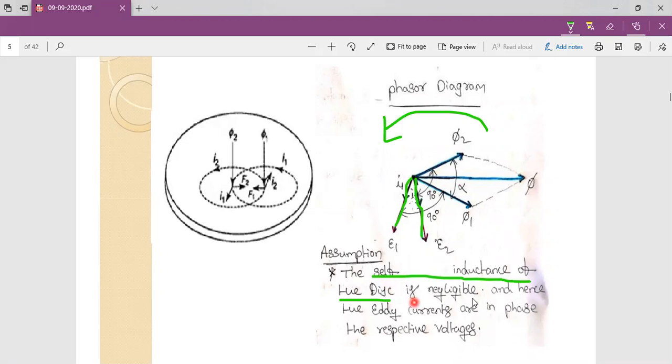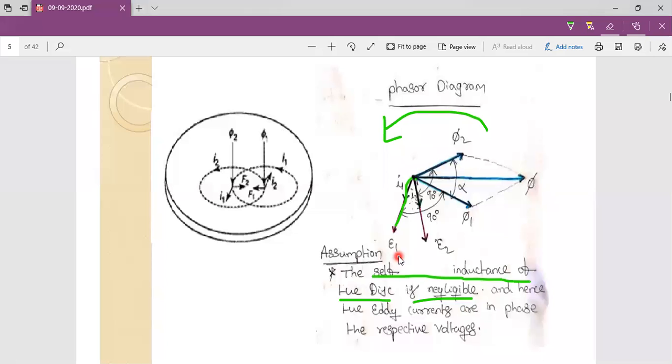Based on that assumption, I1 is in phase with E1, and I2 is in phase with E2.